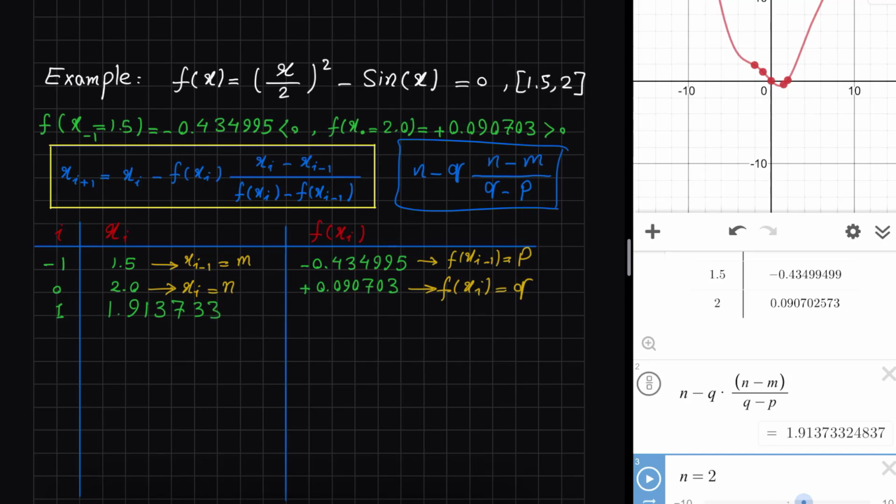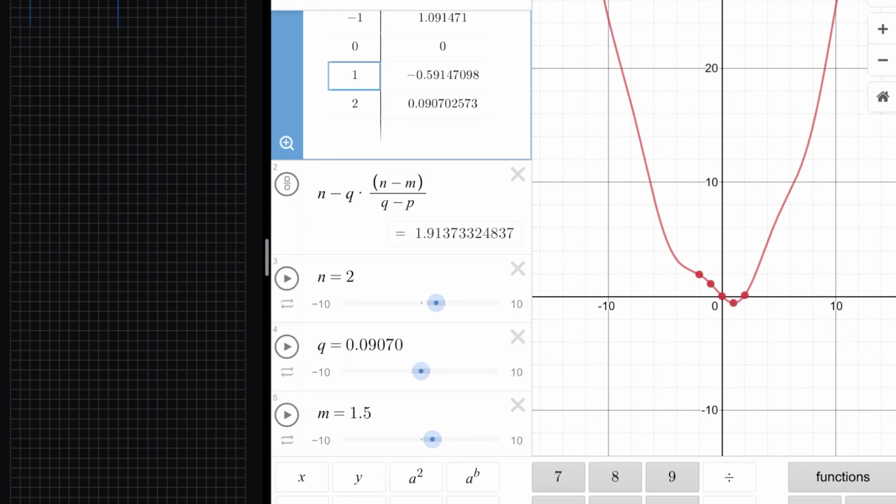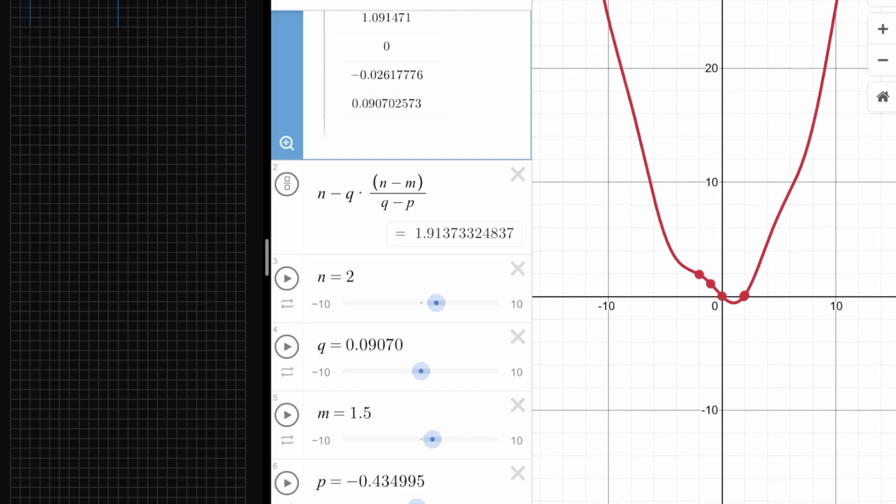Okay, and the value of f(x) at this point is minus 0.026177776.